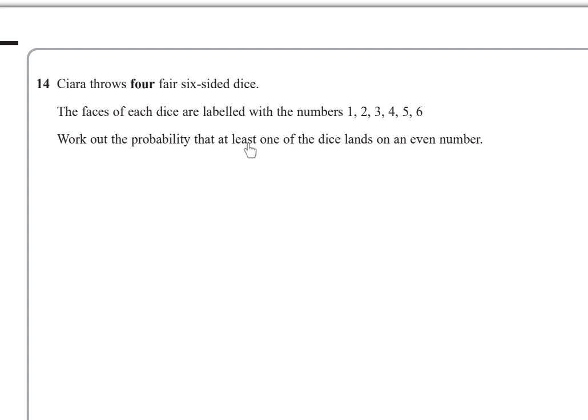So this is equivalent to 1 minus the probability that all of them are odd. So 1 minus the probability of the 4 being odd. The probability for odd is 3 over 6, because 1 or 3 or 5, which is 1 over 2 in the simplest form.